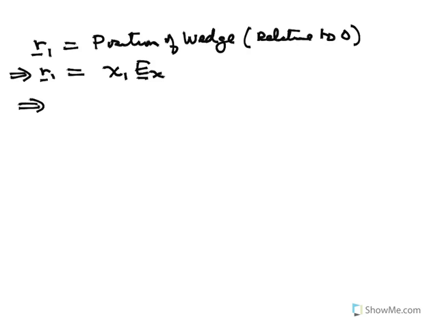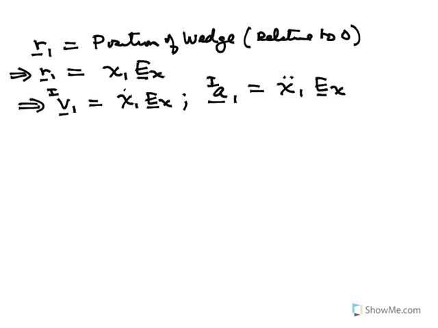From this we immediately get that the velocity of the wedge is x1 dot Ex, and the acceleration of the wedge is equal to x1 double dot Ex.